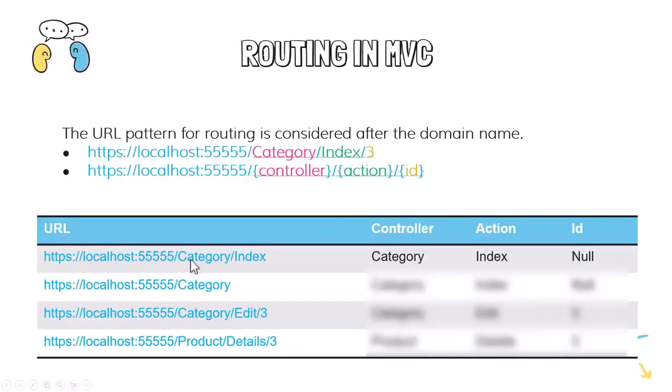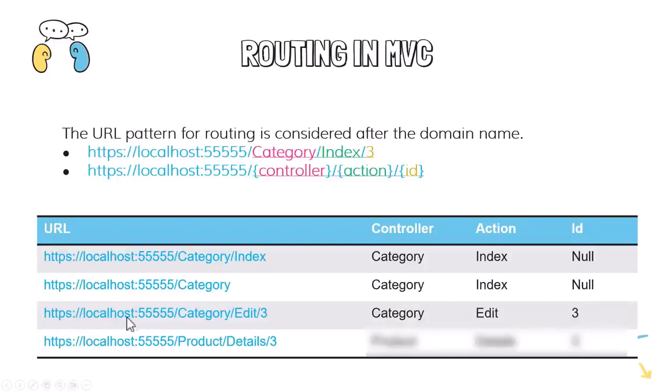The first example here, category is the controller and index is the action. We do not have any ID, so ID will be null. After that, we only have something called category. If there is no action defined, then by default the action will be index. We do not have any action defined in the second example, so controller will be category, action will be index, and ID will be null.